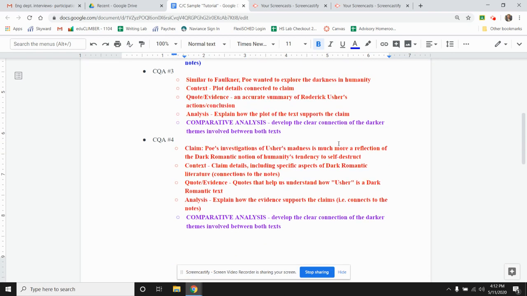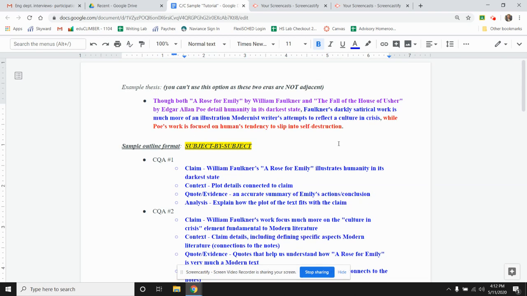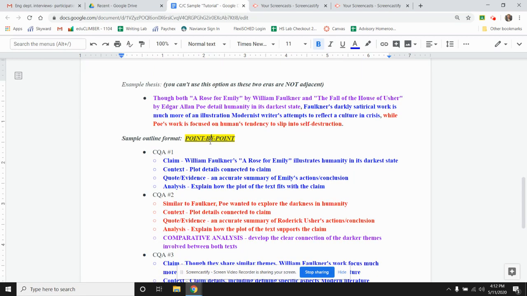Now, generally speaking, if this had been a full out essay, we still would have introduced the subject by subject and point by point, but they would have been a little bit different. You either would have had comparative analyses woven within your body paragraphs, much like the point-by-point style.